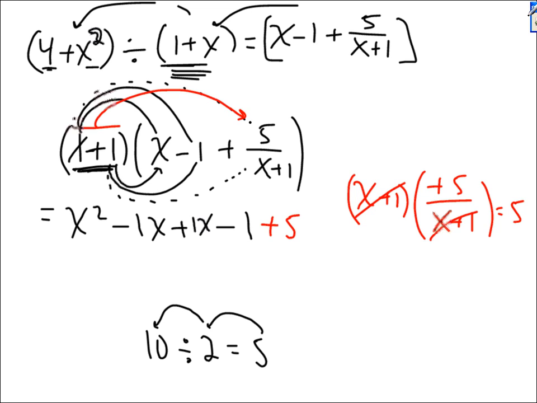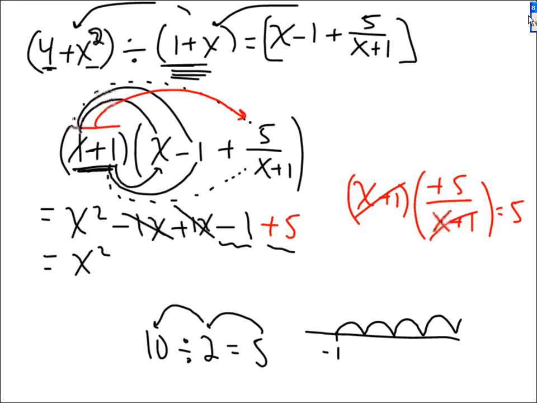Plus 5. You take away x, and then you add x back. There's no x's. So I have x squared, and if you take away 1 and you add 5. If you're at negative 1 and you add 5. 1, 2, 3, 4, 5.